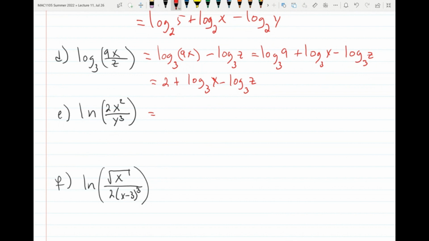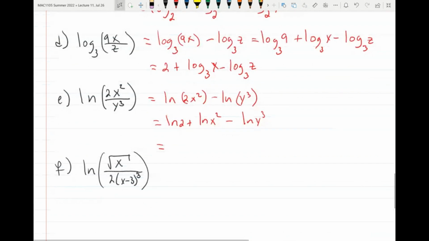Anybody? You can make it ln 2x squared minus ln y cubed. Okay. And then ln 2 plus ln x squared minus ln y cubed. Okay. And then finally ln 2 plus 2 ln x minus 3 ln y.